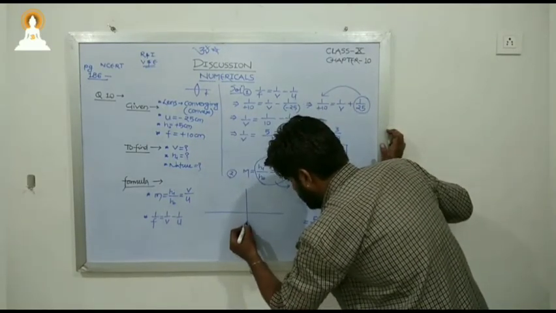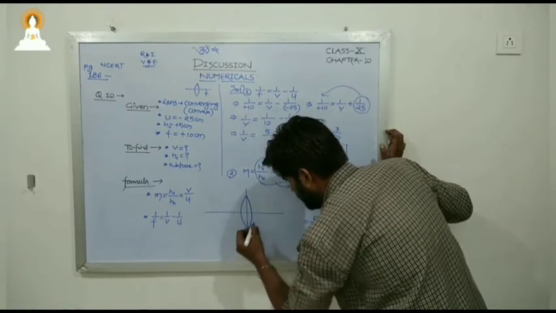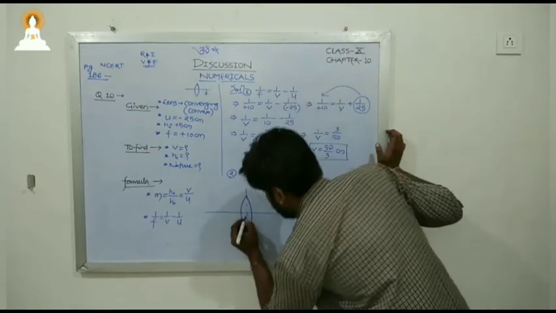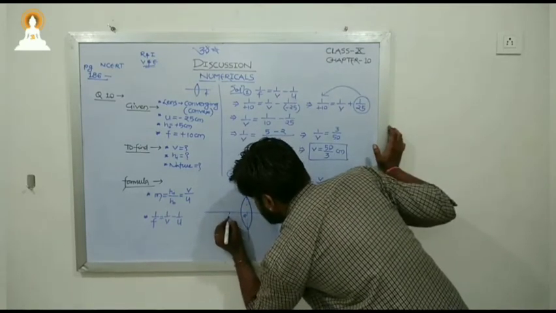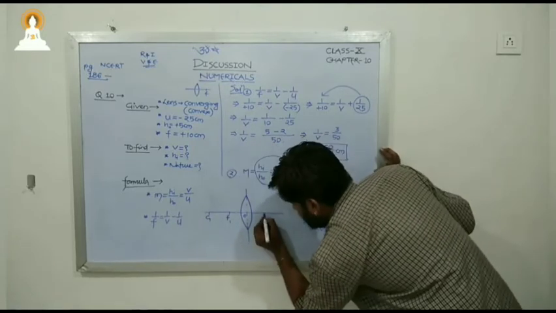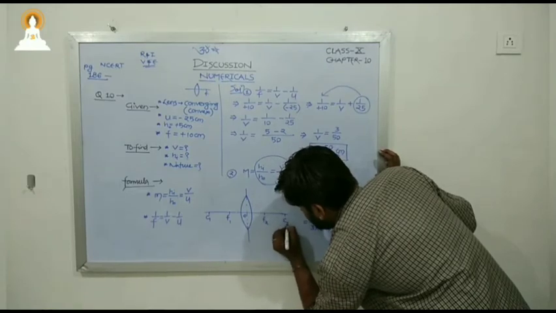So over the convex lens, this is our optical center, this is focus 1, center 1, at similar distance focus 2 and center 2.